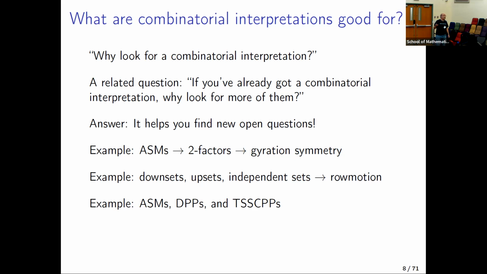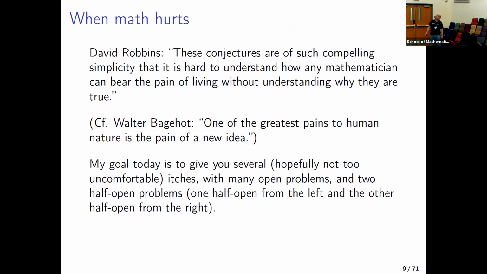Now, speaking of alternating sign matrices, they have been a source of pain, at least for David Robbins, who said, these conjectures about alternating sign matrices are of such compelling simplicity that it is hard to understand how any mathematician can bear the pain of living without understanding why they are true.